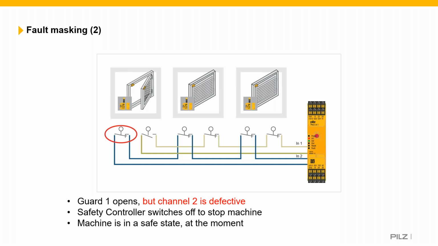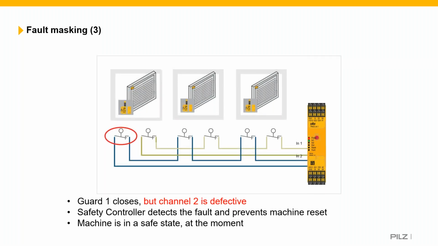If we open guard number 1, but channel 2 has a defective means, or has a failure at some point, because we've opened the guard, channel 1 operates properly. That's fine, it will stop the machine. So it initiates that stop command, and away we go. We can go in and do what we need to do.